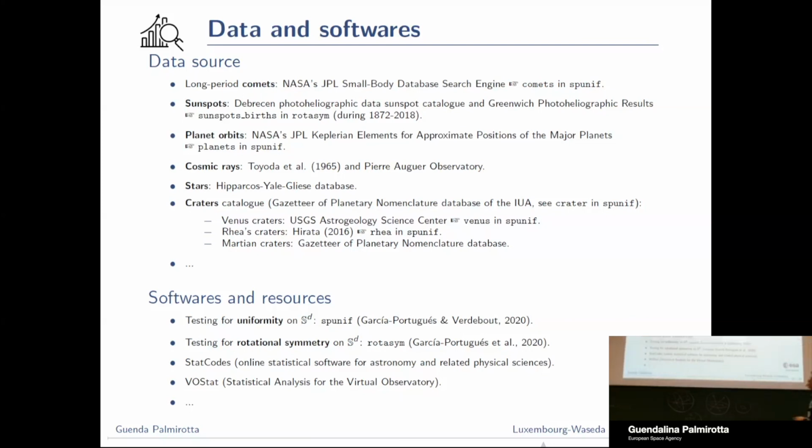And for uniformity tests and rotational symmetry, you have also R packages. This one does not really have directional statistic tools, but I want to list it because this is an open project where you can find statistical tools for astronomy problems.